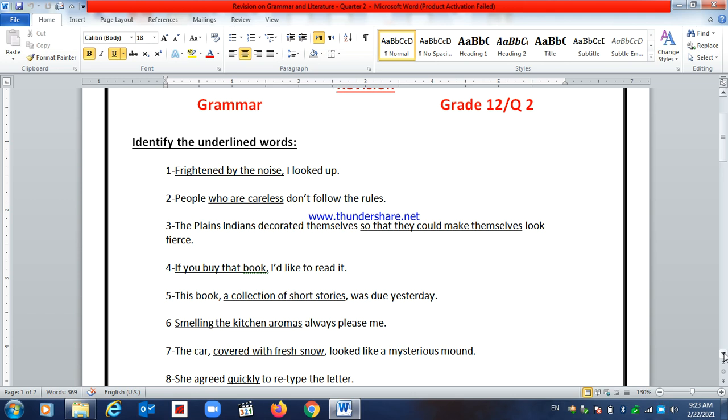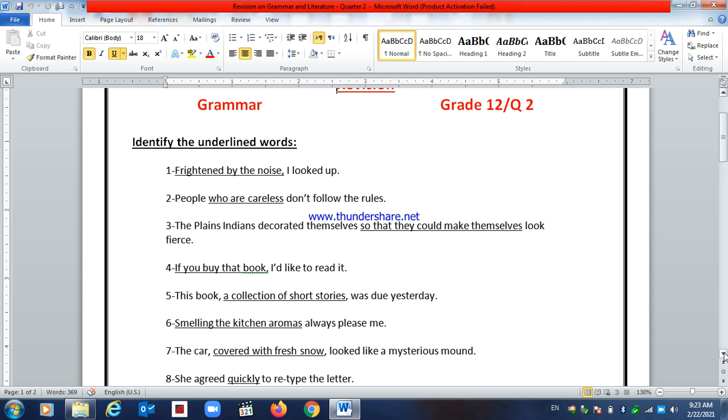Phrase, because smelling, the verb that ends in ing, it's not a verb, okay? It's part of the verb. It's a gerund, and we don't have a subject here, and we don't have a verb. Then the underlined words, number 6, gerund phrase. What's the position of this gerund phrase? It comes as a subject.